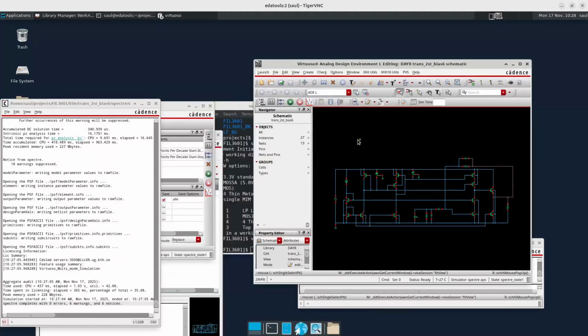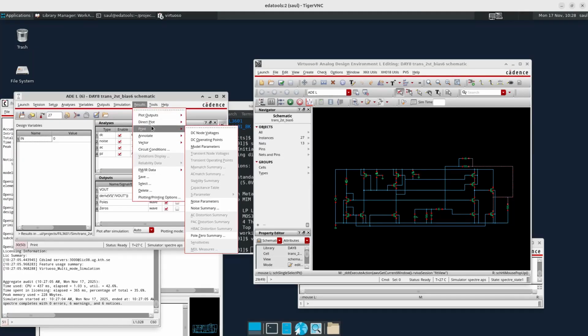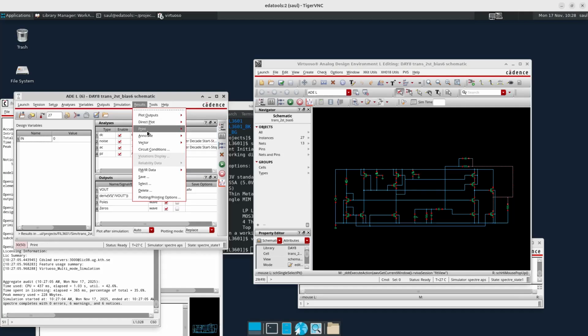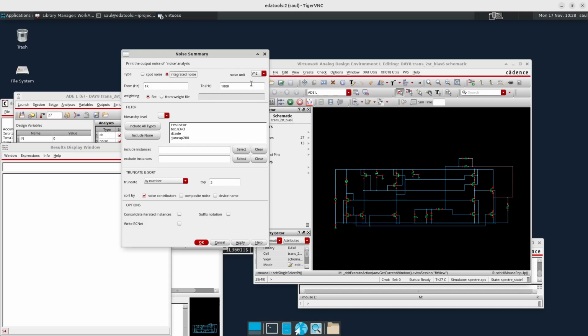The noise contribution, that is very important for us. We go to results, print, noise summary, integrated noise voltage, and let's take the whole band from 0.01 to 100 megs.